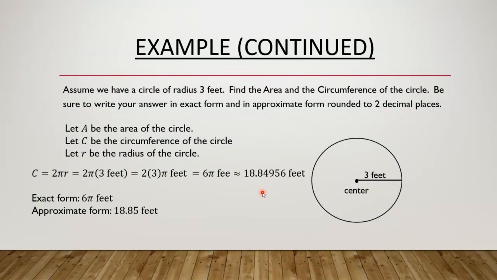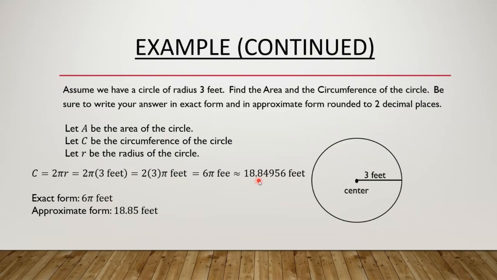I'm using more than 2 decimal places in my intermediate calculations, and I'm only going to round to 2 at the very end. So our exact form is 6 pi feet. There's no rounding here. For approximate form, here's where we round.